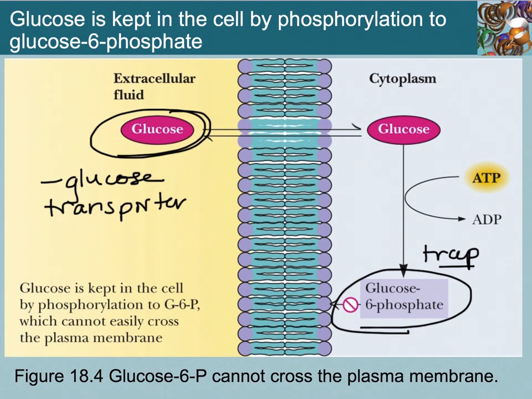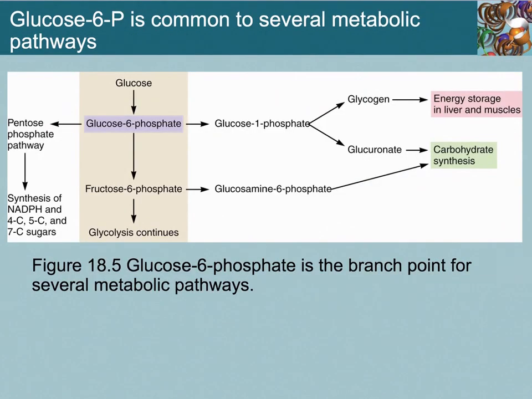Now, the hexokinase that facilitates and catalyzes this phosphorylation is a common theme you'll see in biochemistry, where we have this phosphoryl transfer. Okay? Now, glucose 6-phosphate is common to several metabolic pathways. So once we form the glucose 6-phosphate, it can have several fates.